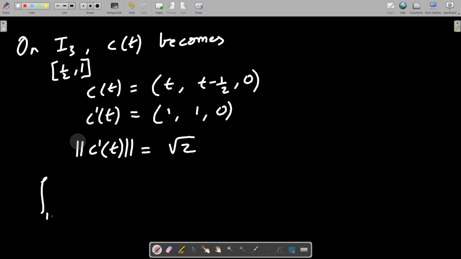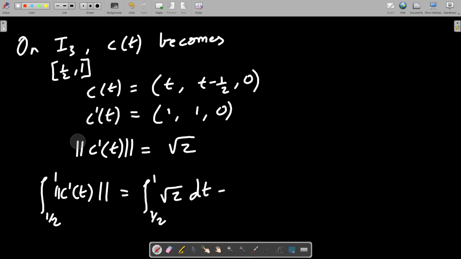So the integral from half to 1 of root 2 dt will become root 2 by 2.